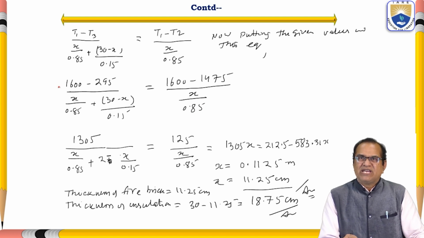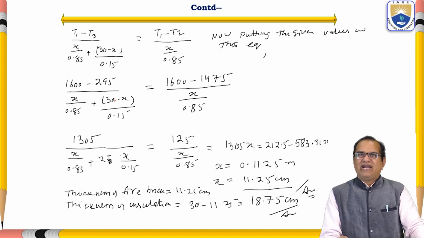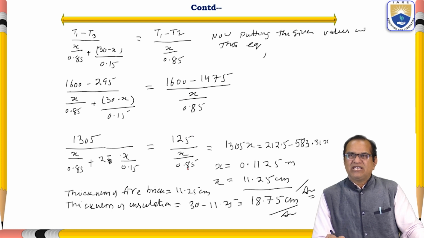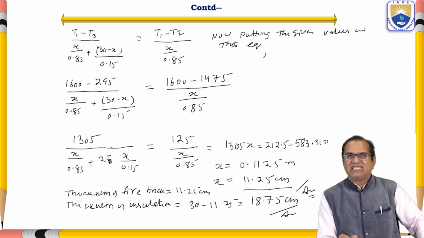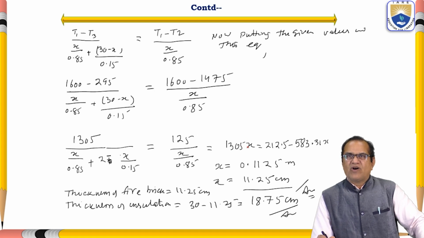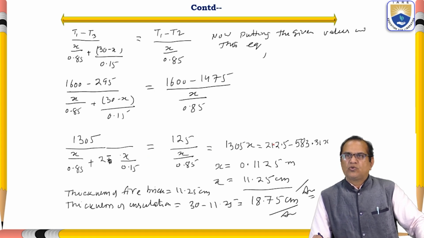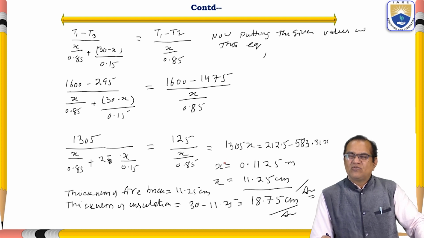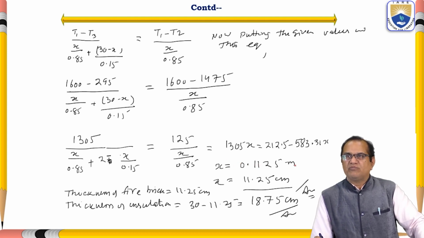Now if we simplify 1600 minus 295, you will get 1305 divided by X by 0.85 plus, if you simplify this, you will get 2 minus X by 0.15. Here you will get 125 divided by X by 0.85. So if you cross multiply, you will get 1305 X is equal to 212.5 minus 583.31 X. So from here X you will get 0.1125 meter or 11.25 centimeter.